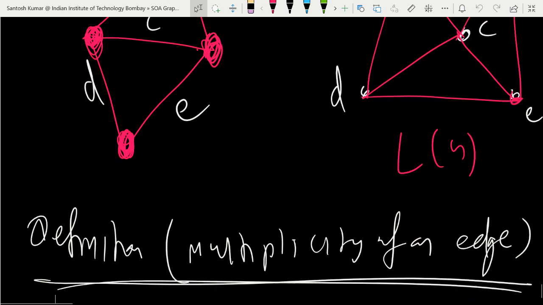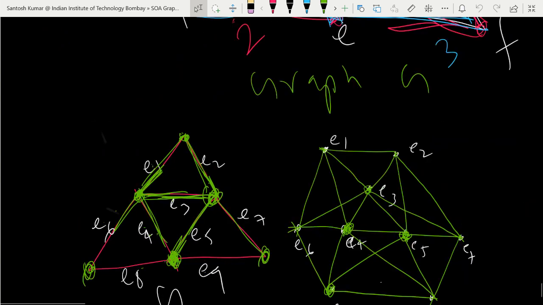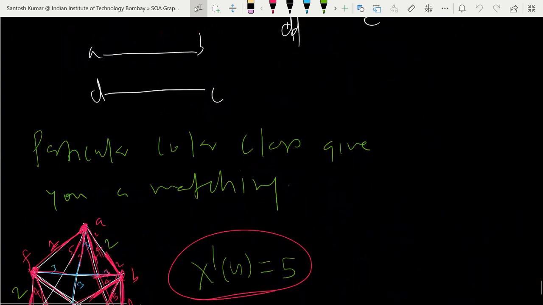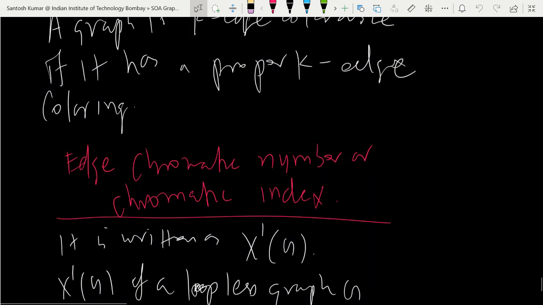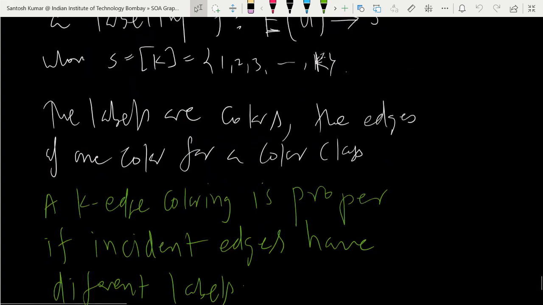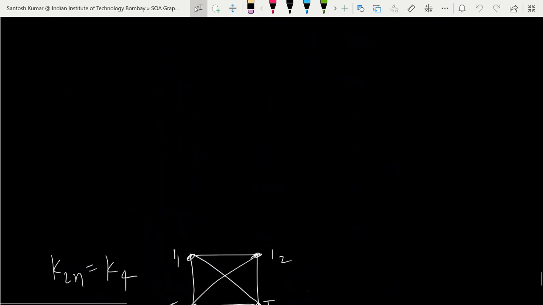We are doing chapter 7 of your book, okay? And in last class, we discussed line graph, and then K is coloring.